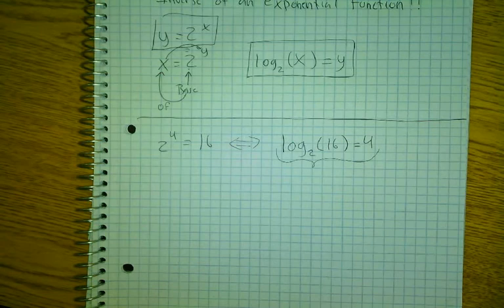Like when I see log base 2 of 16, what does that mean? And why is it equal to 4? I know it seems like a simple question, but sometimes it's hard to explain what's going on. So anyone want to give it a shot?